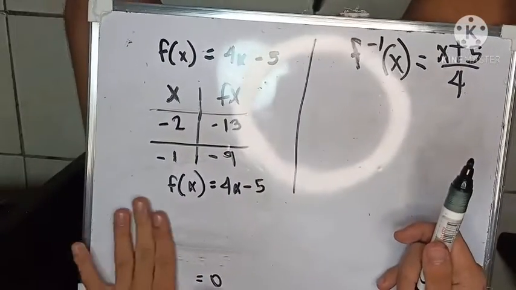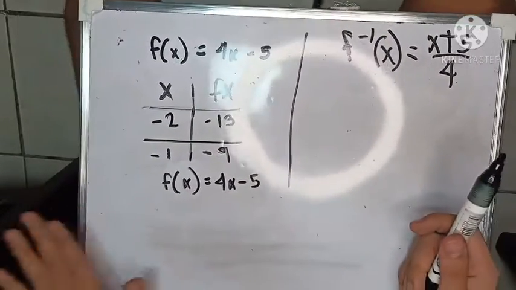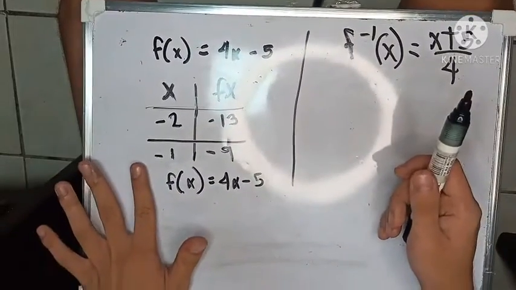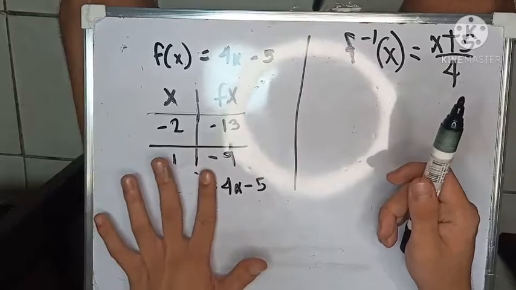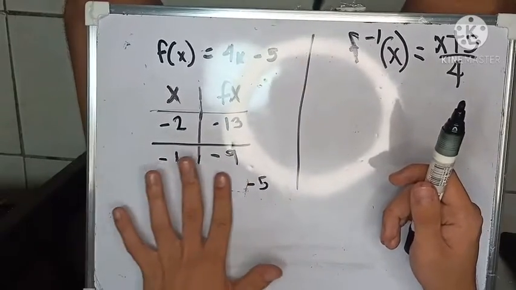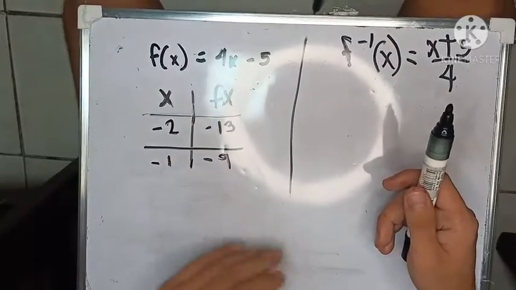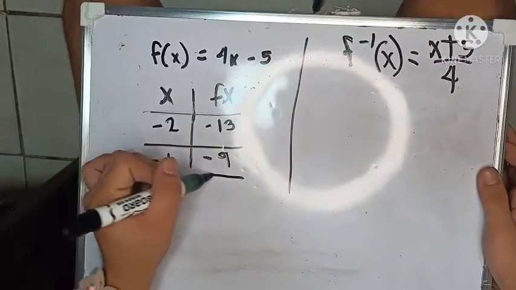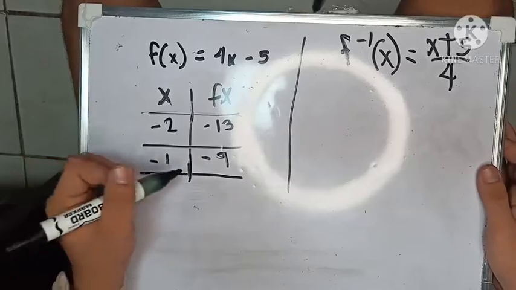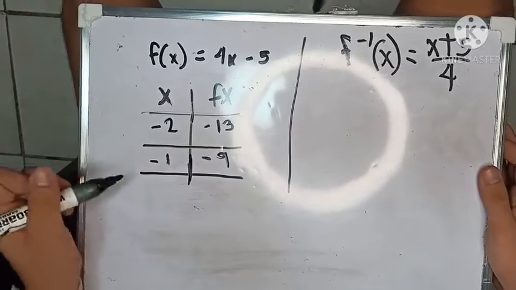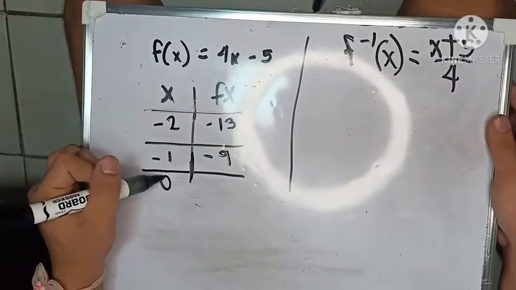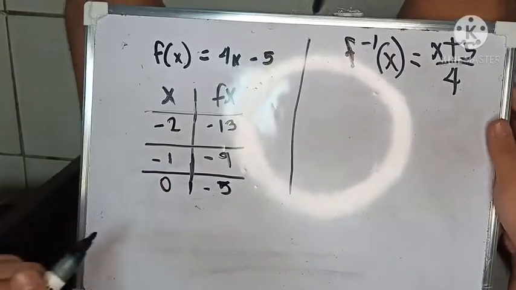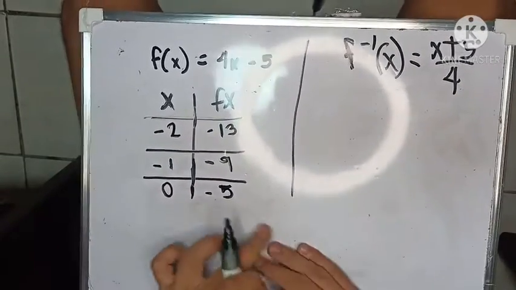I should have made it lower, because we're going to do 3 more examples. Sorry, my bad. Next, let's try 0 and negative 5.